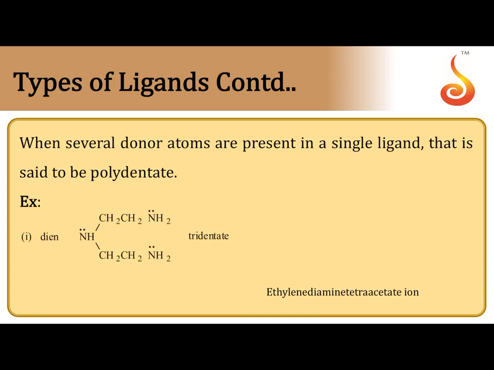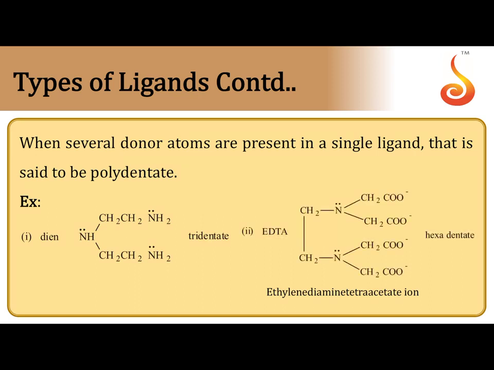Next, polydentate: more than two dative bonds formed by a single ligand. They are called polydentate ligands. Example, diethylene triamine. In this case, there are three donor atoms in the form of three NH2 groups. That is why the single ligand diethylene triamine can form three dative bonds with the central metal atom; that is a tridentate ligand.